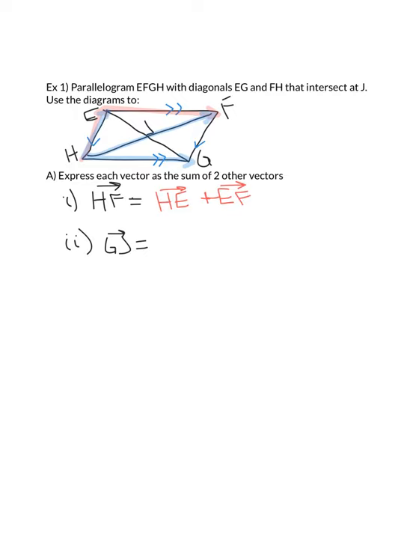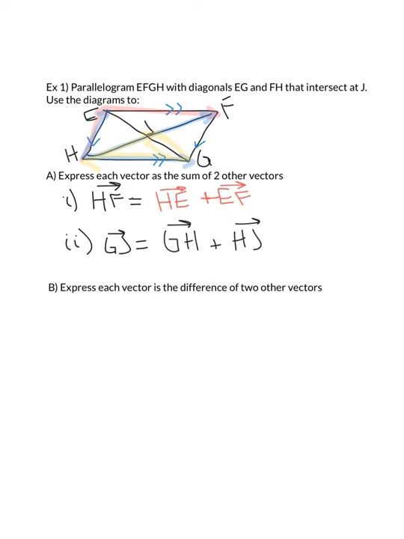Oops, should probably use a pen here. So vector GH plus HJ. I'll just go ahead and highlight this in yellow for you. So G to H plus H to J will give me my vector GJ.